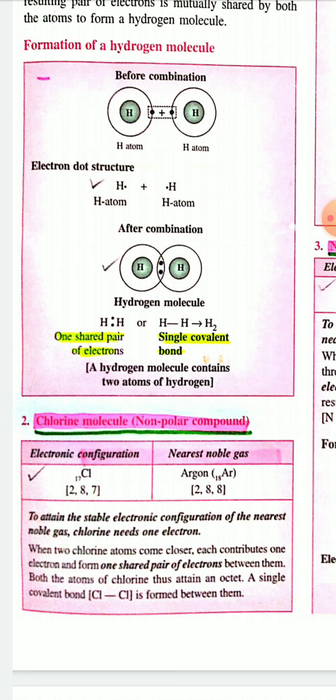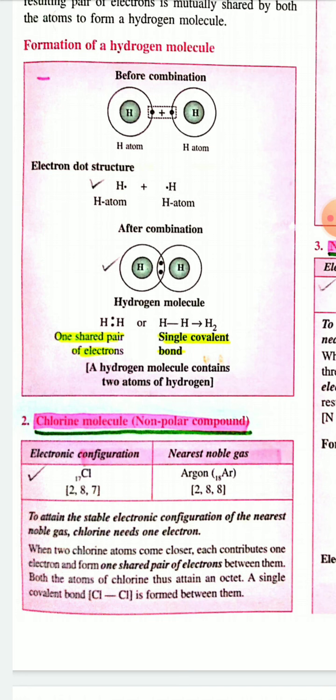It is also shown in the electron dot structure that each hydrogen atom has one electron, which is represented by giving one dot around the hydrogen atom. You have to practice both structures: first one is the orbital structure and second is the electron dot structure.